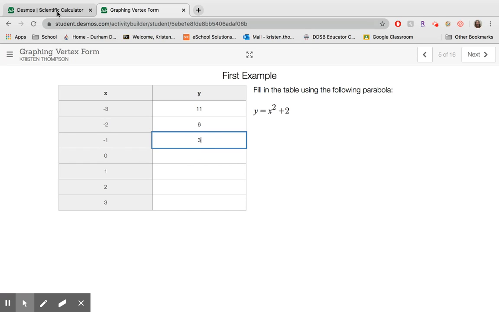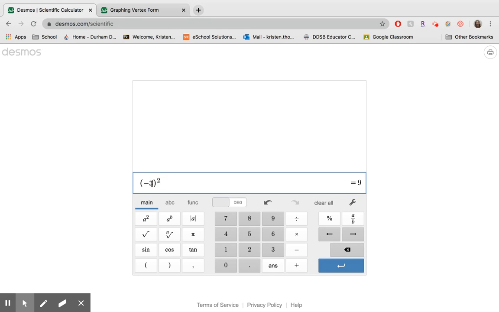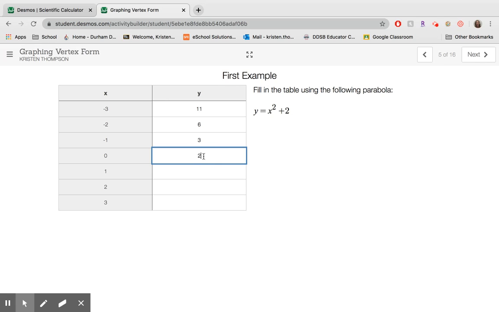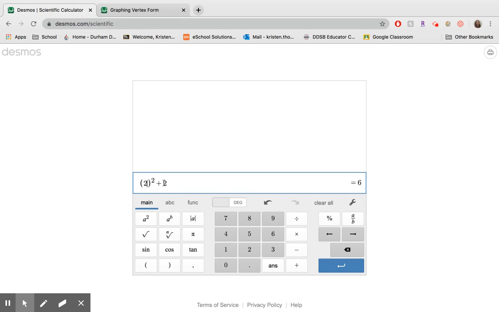So now let's put 0 in for x squared. So 0, then we go plus 2, our answer is 2. And that was our left side of the parabola. That means our right side here is going to be the same. So 1 squared is 1, plus 2 is 3. 2 squared is 4, so 2 squared plus 2 is 6.